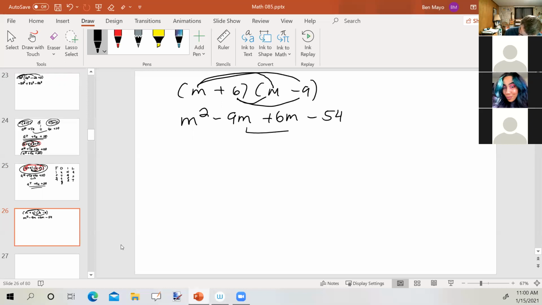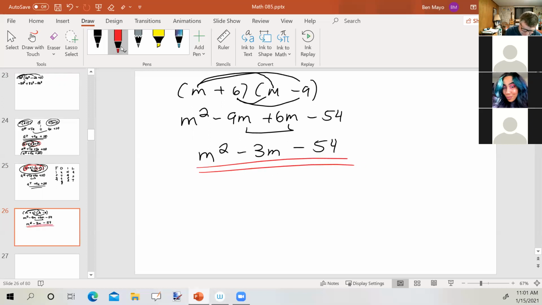Then, combining like terms, I get m squared minus 3m minus 54. Any questions there? Nope. All right. We good to go on? Yeah.